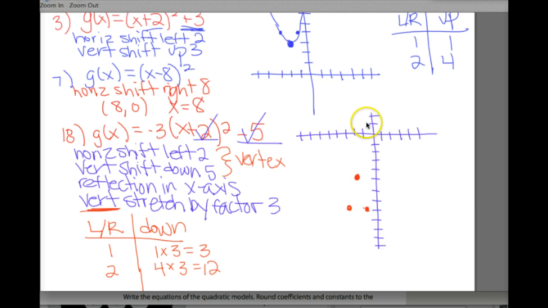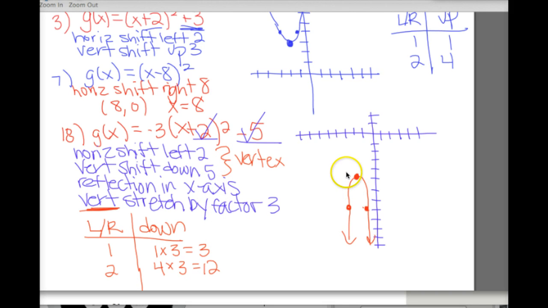If this vertex had been up higher, we would have room for that. But here I don't have room to go down 12 in a standard 10 by 10 coordinate plane. So remember, in those cases, and only those cases, it's okay to only plot 3. So connect the dots that I have, remembering to make sure your parabola vertex is rounded, and that is what your graph should look like.